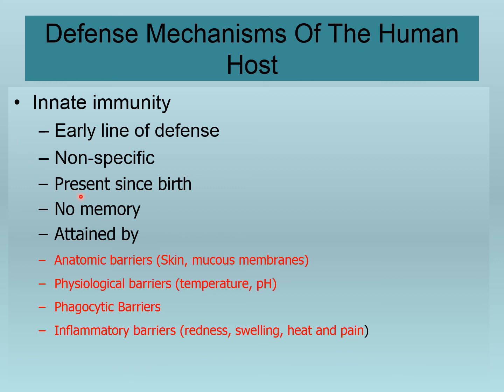This defense mechanism is present since birth, before infection, and responds very rapidly to any infection. The mechanism of innate immunity is not highly specific. That is, it is not able to distinguish between very closely related microbes because it targets only the features which are common in related microbes.